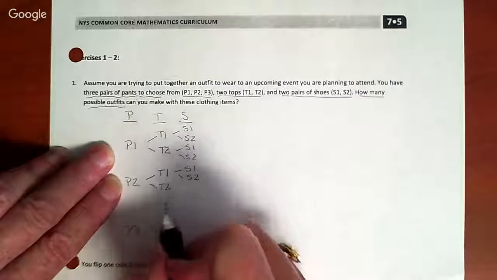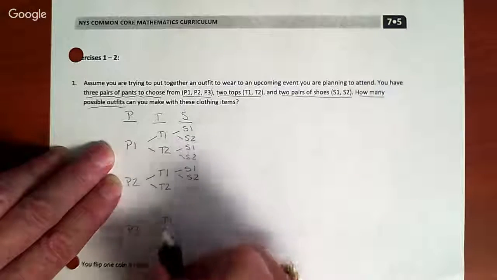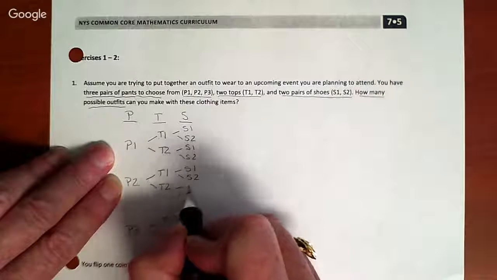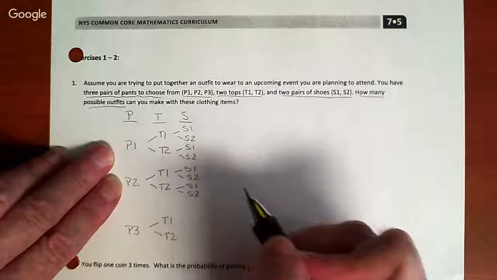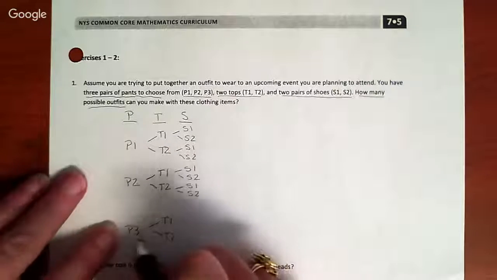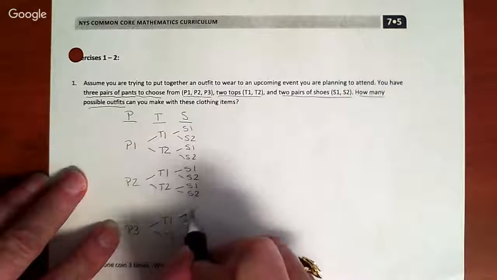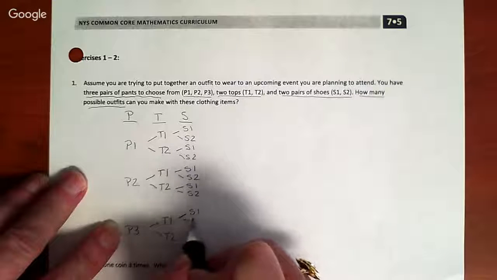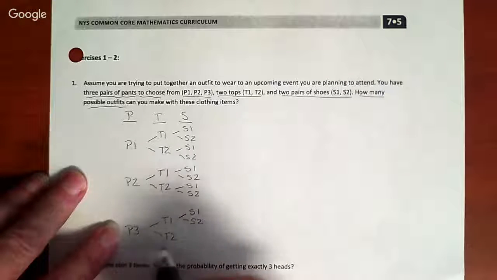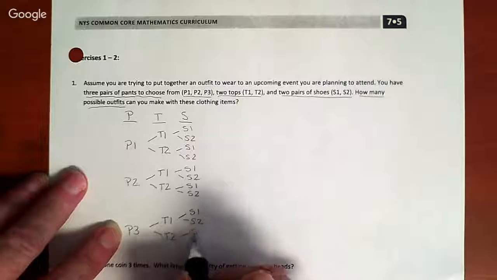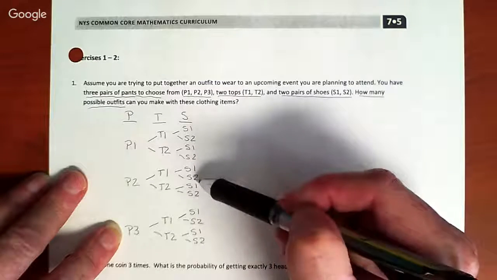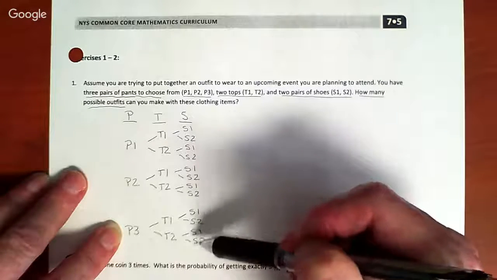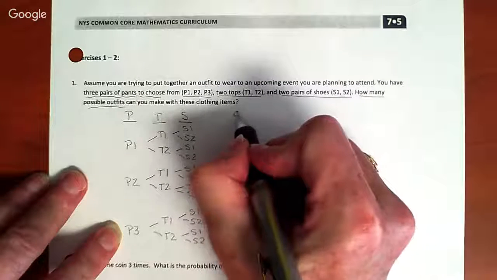And this is going to go on throughout the entire tree. So I can pick shoes 1 and shoes 2, kind of like thing 1 and thing 2. So the pants 3, top 1, shoes 1, shoes 2. Pants 3, top 2, shoes 1, and shoes 2. So we have a total of 1, 2, 3, 4, 5, 6, 7, 8, 9, 10, 11, 12. We have a total of 12 outcomes.